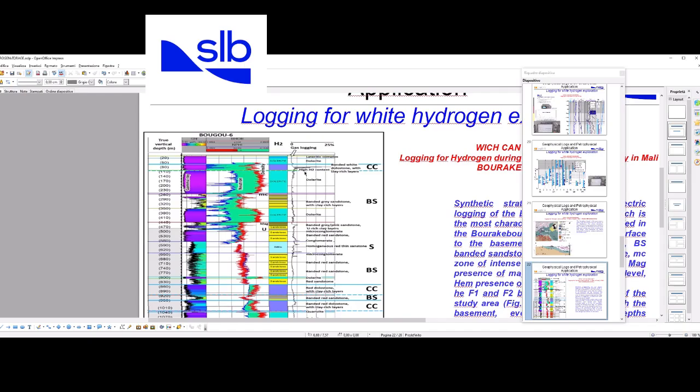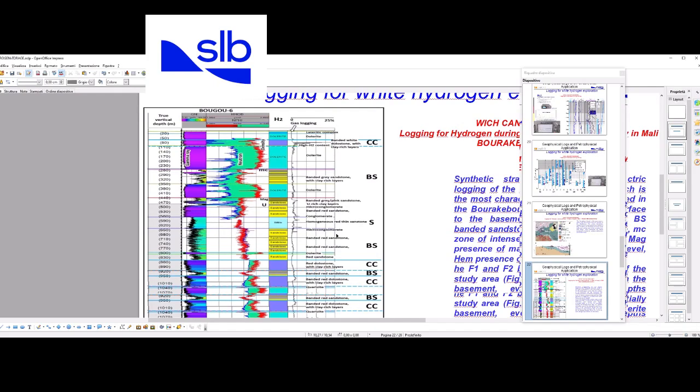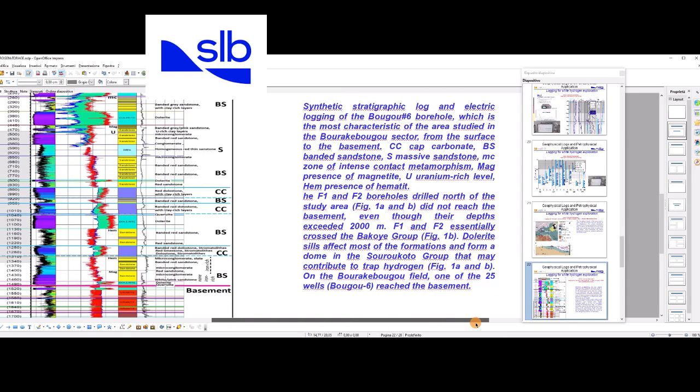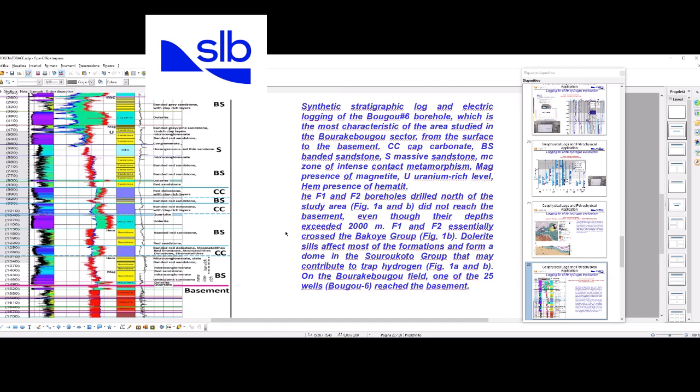The gas logging underlines the presence of high hydrogen concentration in the first layers, the dolerite layers, and we also have the presence of hydrogen gas not only in carbonate but also in sandstone. In this part we have a white peak of sandstone, and so we have two types of hydrogen reservoir.